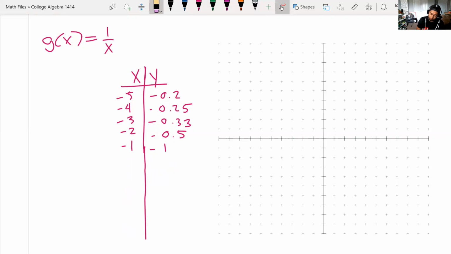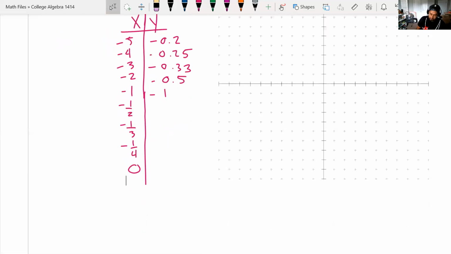Let me get rid of 0. And then I'm going to do -1/2, -1/3, -1/4, and then I'll choose 0. Okay. And you'll see why I chose these numbers.